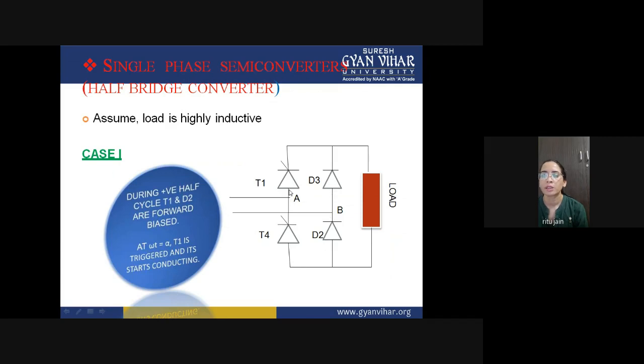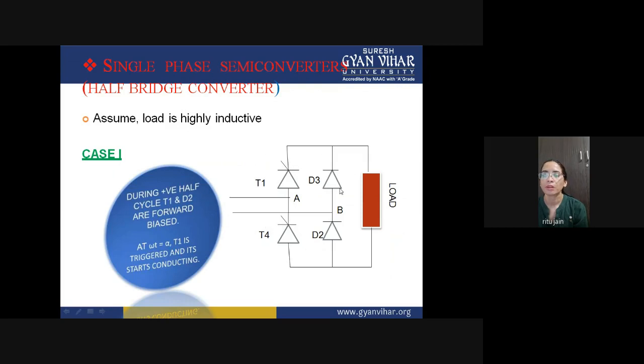If this terminal is positive with respect to this, T1 will be in forward blocking mode, and if this terminal is negative and this is positive, then this thyristor will not conduct, and it will be in reverse blocking state.